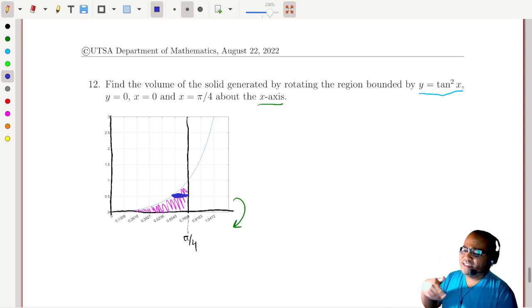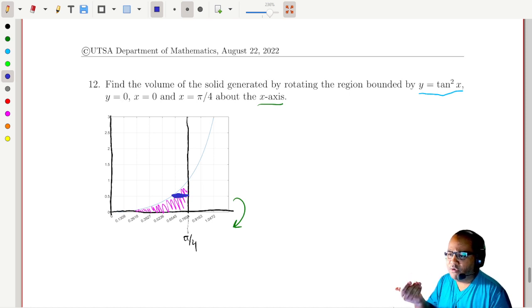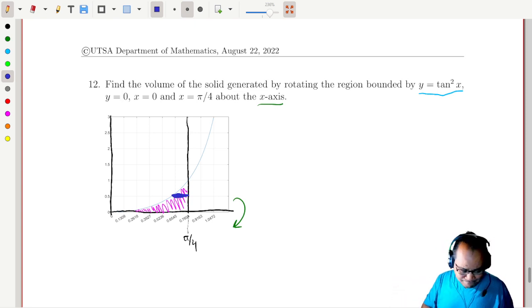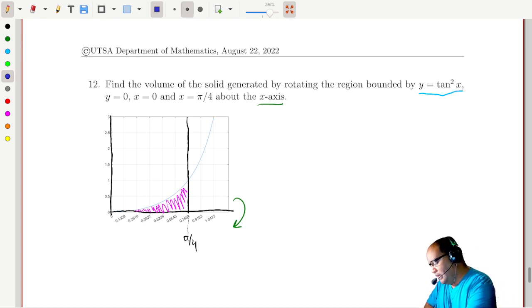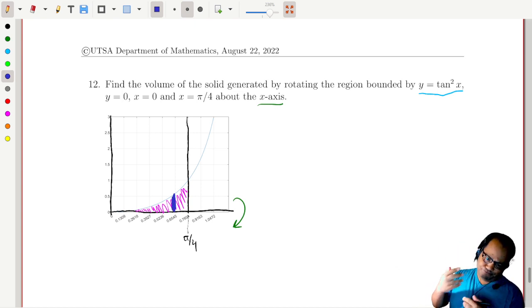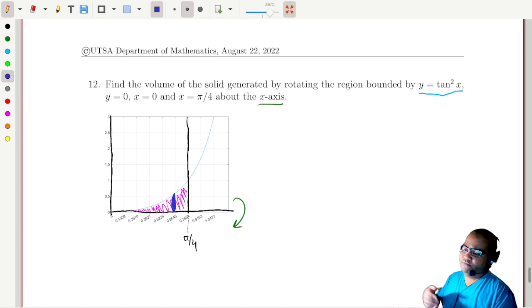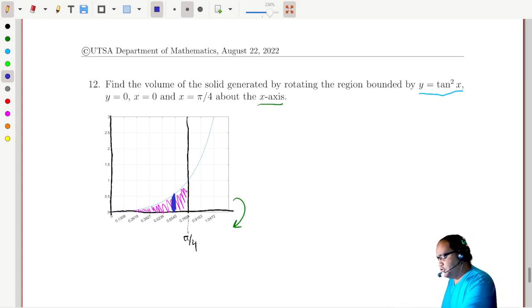That means I've got to get this in terms of x as a function of y, and oh no, the square root of arctan of y? Do I really want to integrate something like that? No. So instead, I'm going to slice orthogonal to the x-axis, perpendicular to the axis of rotation, and I want to use disks.